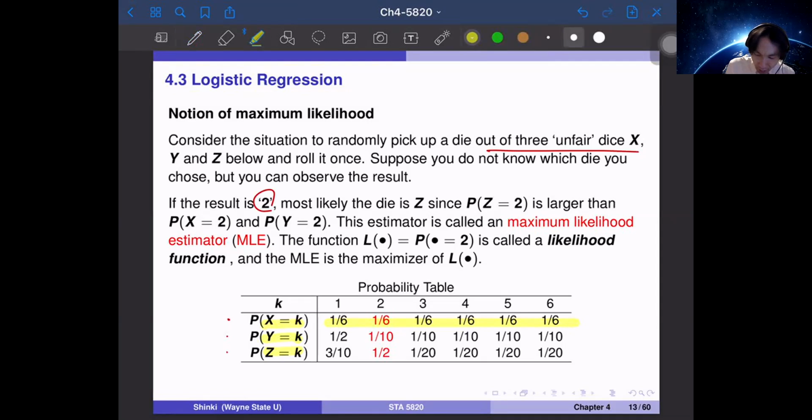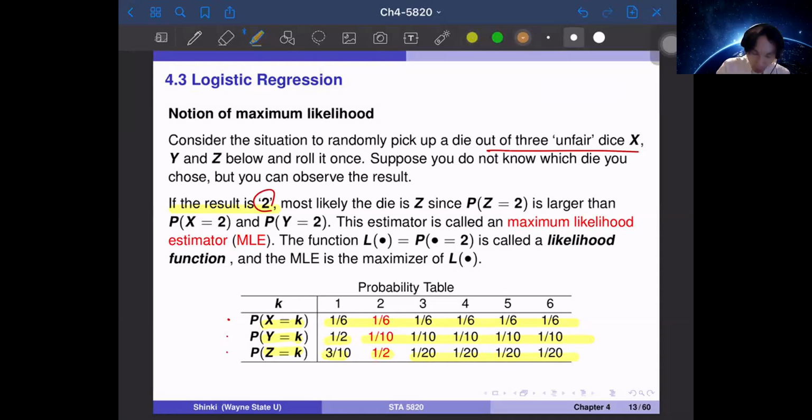Die Y is a loaded die. It's more likely to give 1, but the same probability for 2 to 6, which is 1/10. For die Z, we have higher probability for 2, and also higher probability for 1, and much lower probability for 3 to 6. If you observe one result, the face 2 facing up, which die most likely did you roll?